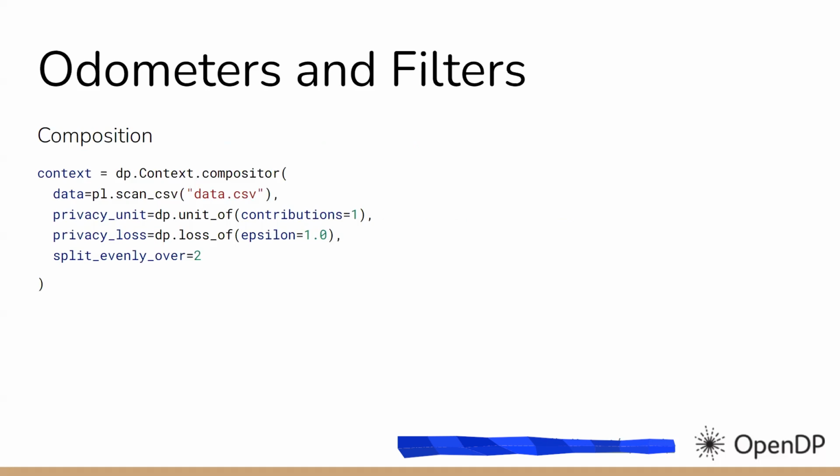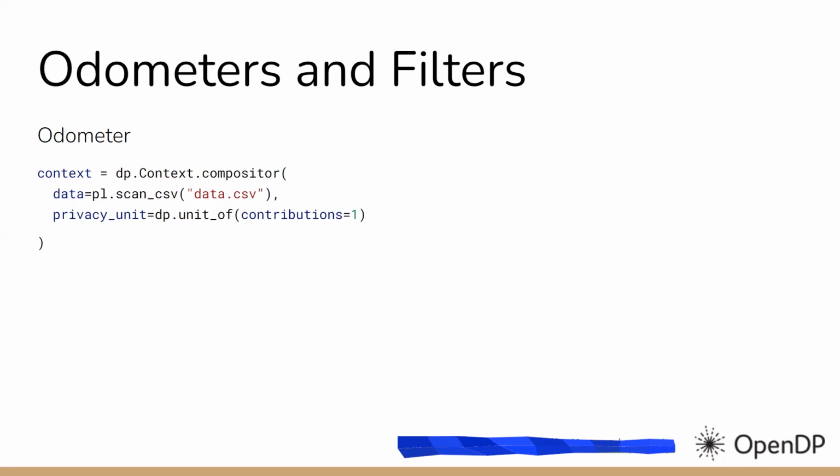So going back to the context API, with filters, we can drop this last row, splitting privacy evenly over 2. You can specify those privacy losses as you go. With odometers, you can also drop this privacy loss upper bound to get the most essential representation of just data and privacy unit.